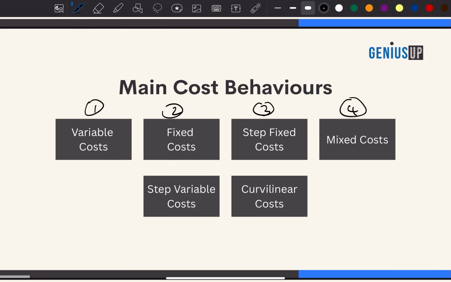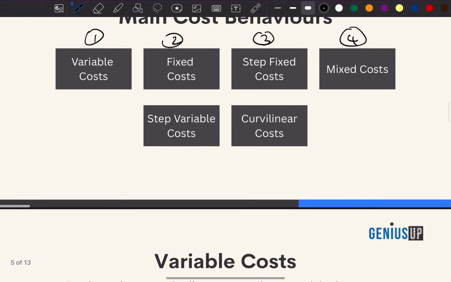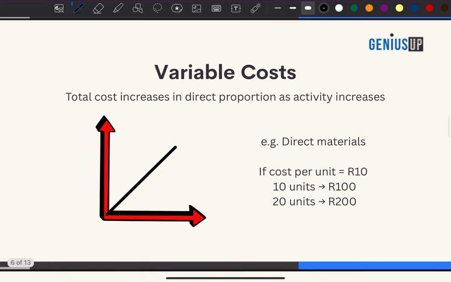The last 2 you must understand at a high level, but the first 4 are key for you to do well in your tests and assessments if you're in university. So firstly, we have variable cost, fixed cost, step fixed cost, mixed cost, and then we have step variable cost and curvilinear cost. We're going to break them down in the coming slides.